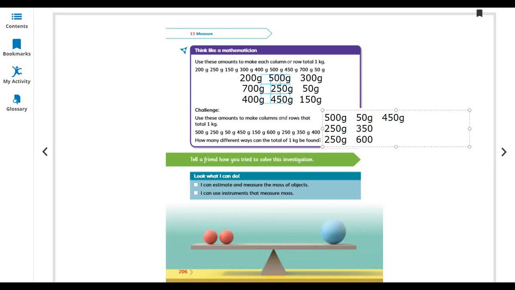Like this, we use the last 450, 400, 850, and then the last 100. 4 plus 4, 8, and 150. Like this, we complete row and column equal 1000. Okay, take care. Like this, we finish here 13.1. The next video, we will start 13.2.